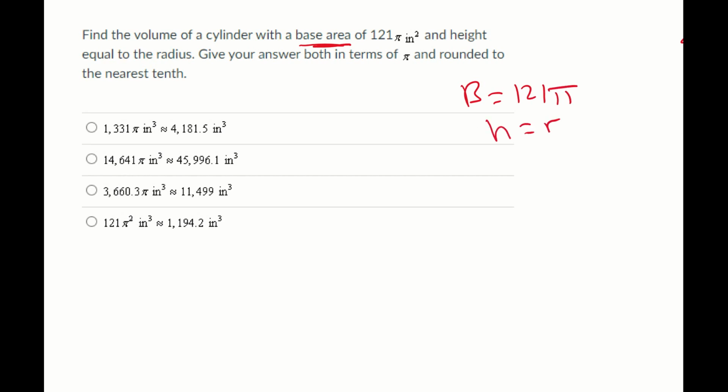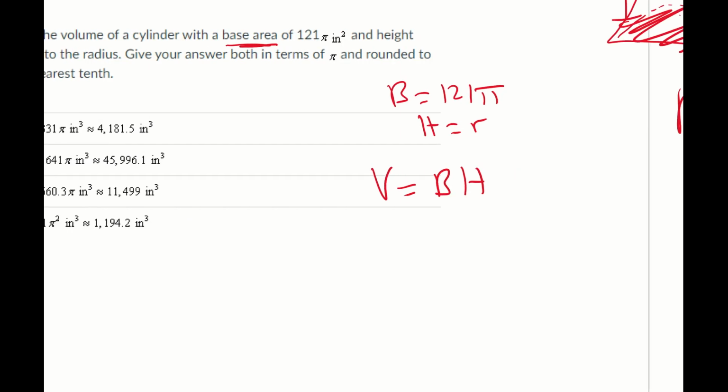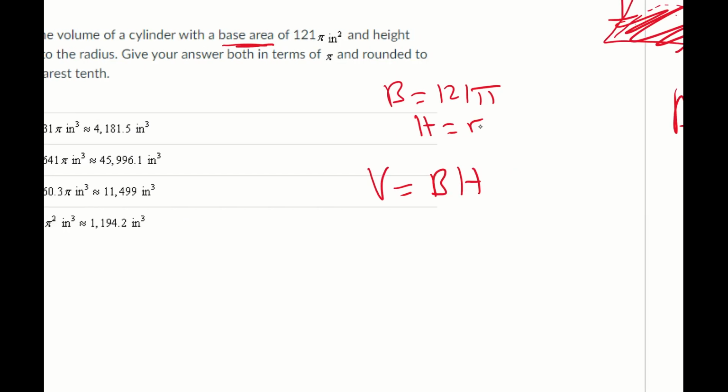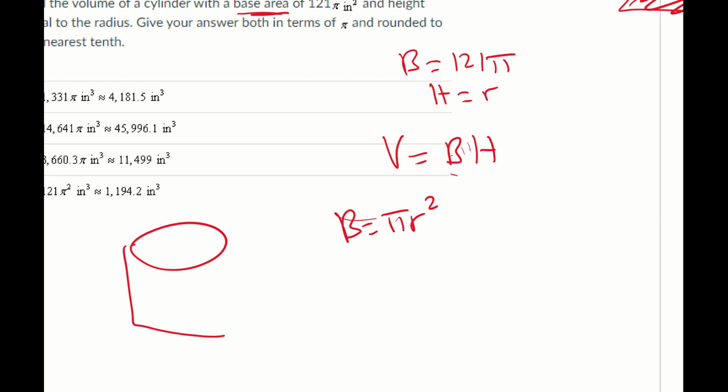Okay, so the formula, you may recall, for the cylinder is capital B times H, right? And I use capital H, but you can use lowercase h. I like to use capital H here. And we know that this capital B is the same thing as pi r squared, for the area of a circle, because you're talking about a cylinder here, and the base area is a circle.